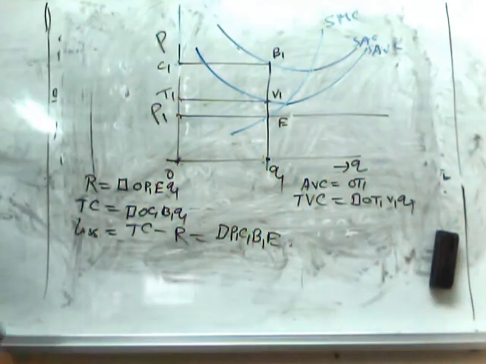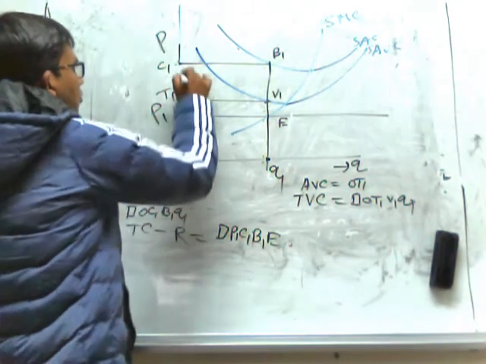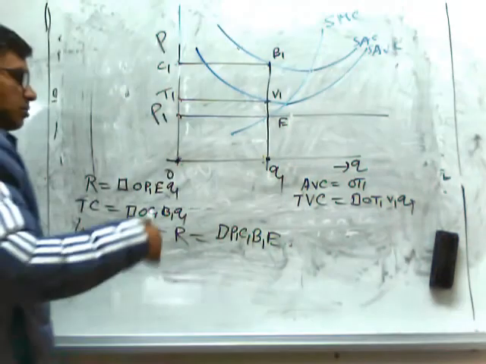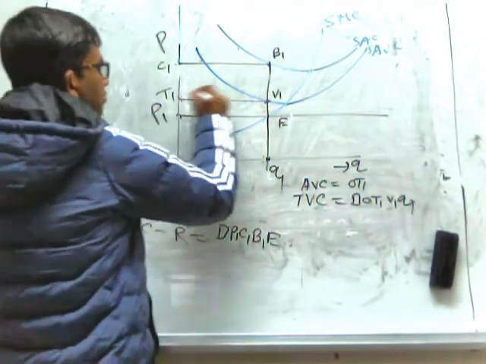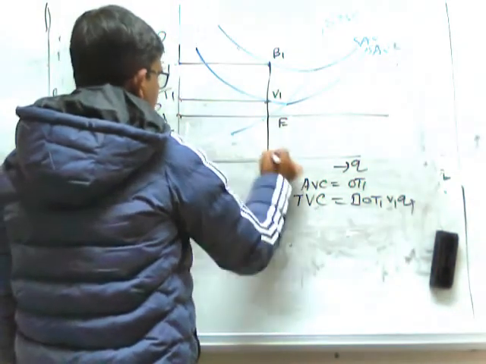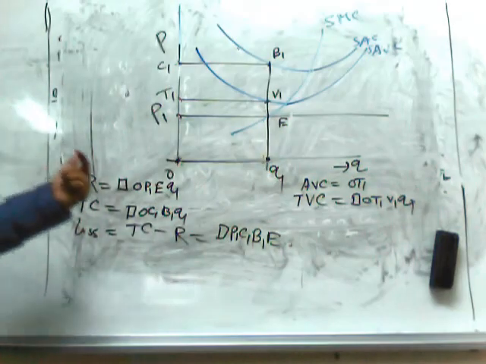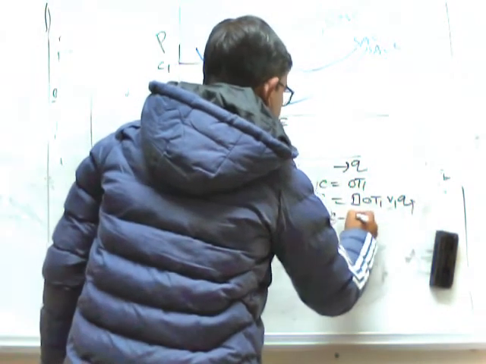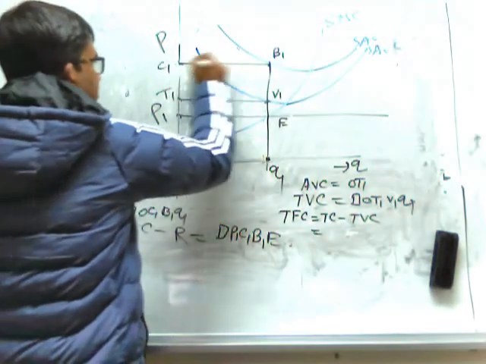So now what is the total cost of production? OC1 B1 Q1, and total variable cost of production is OT1 V1 Q1, this rectangle. So the difference between these two will indicate the total fixed cost. So TFC equals TC minus TVC. That means area of the rectangle T1 C1 B1 V1.